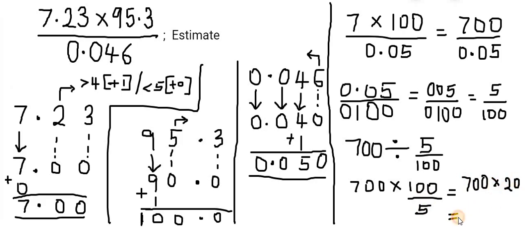The final answer is 14,000. Now, the most important thing should be understanding how to round to one significant figure and getting the numbers right here. Okay? The rest can be done by a calculator.